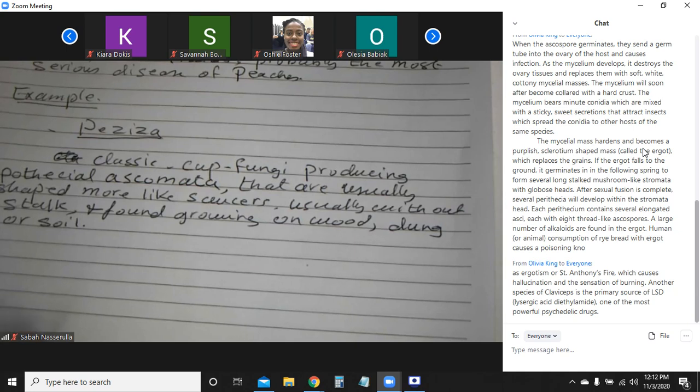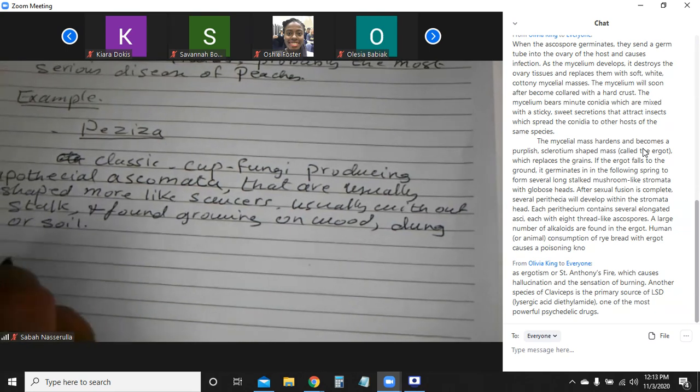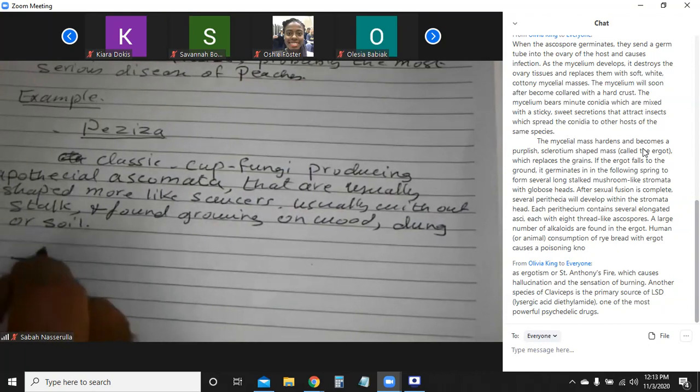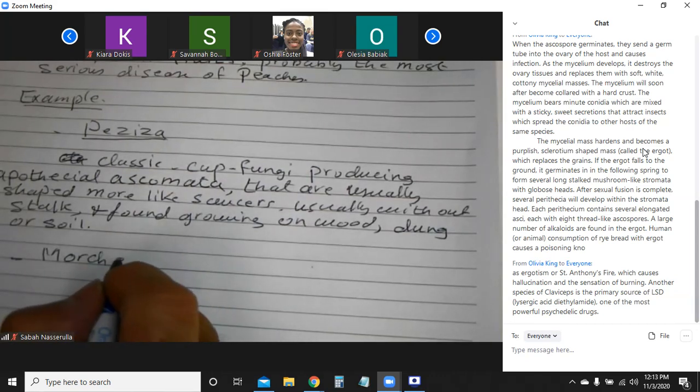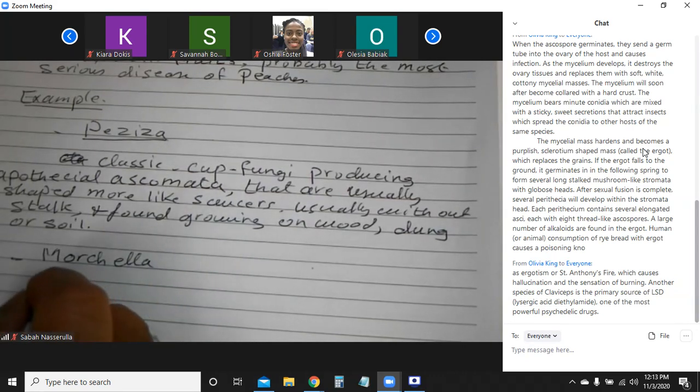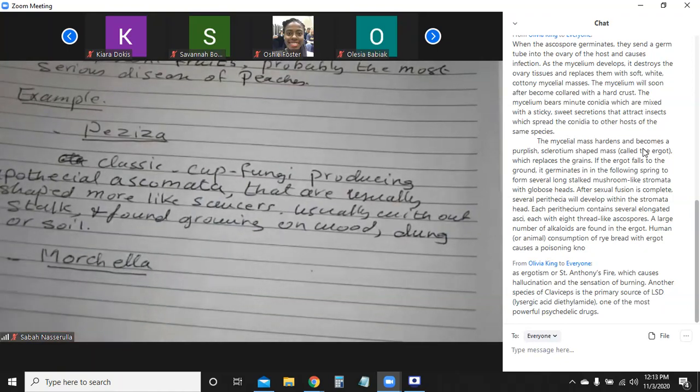Now, the other example I'm going to give you is Morchella. Some people call them false mushrooms, but they are not. They look like this one here.